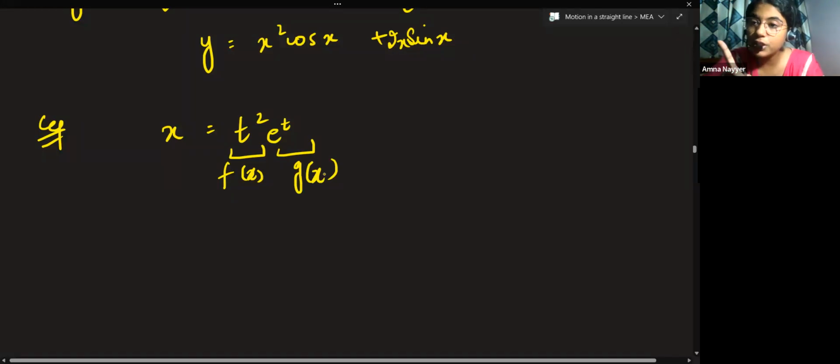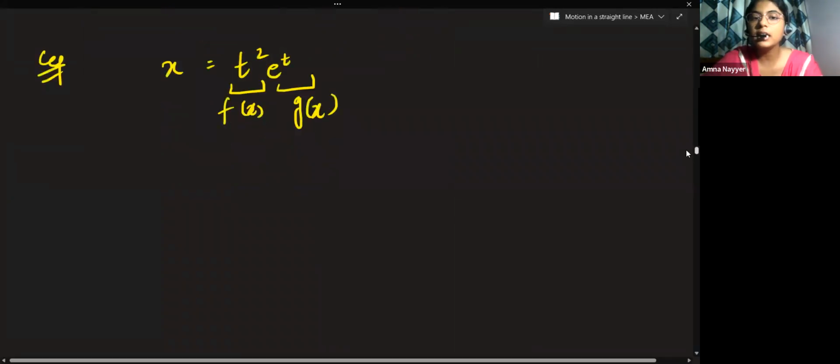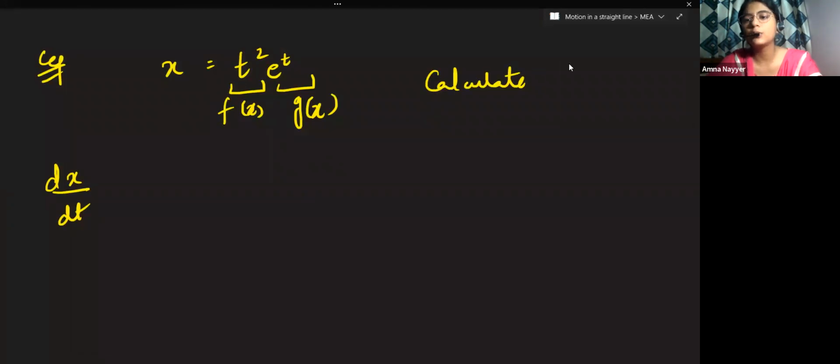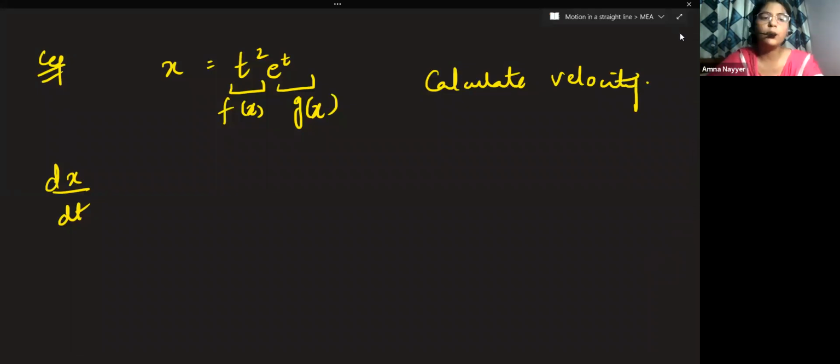Now, two functions are getting multiplied, so you will use your product rule. The product rule says: keep the first term as it is. Let's say we have to calculate velocity.